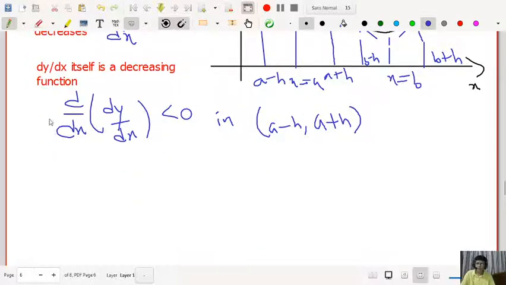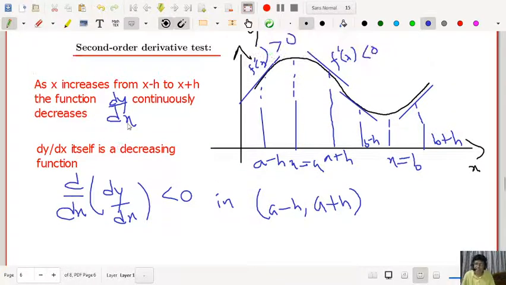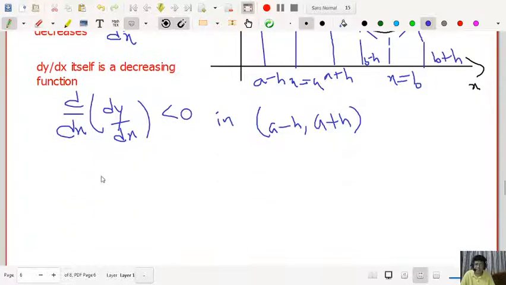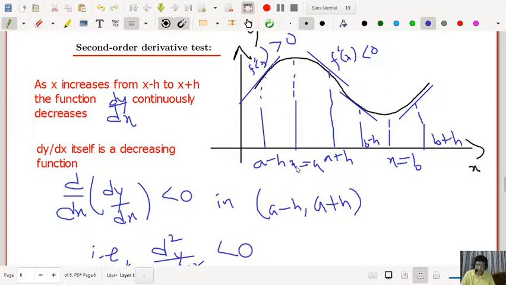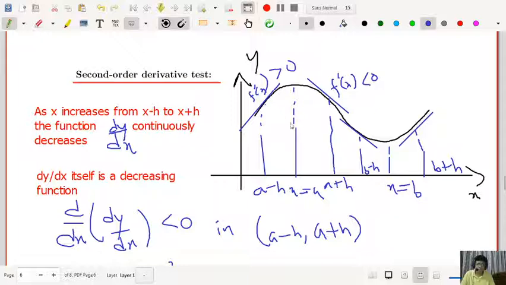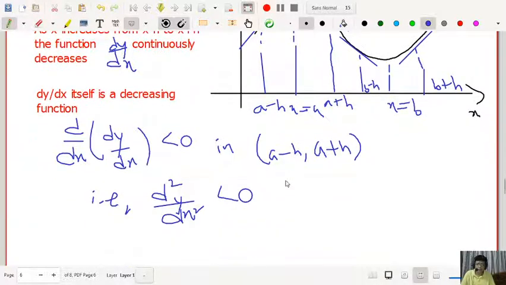So we know that if f(x) is decreasing, f dash x is less than 0. So if dy/dx, that is f dash x, is decreasing, d/dx of f dash x, that is d2y/dx2, is less than 0. So what is the conclusion? For a maxima, your second order derivative must be less than 0 in that neighborhood.